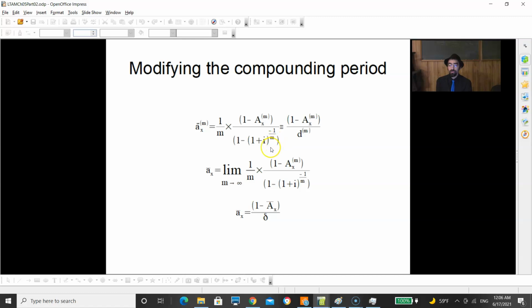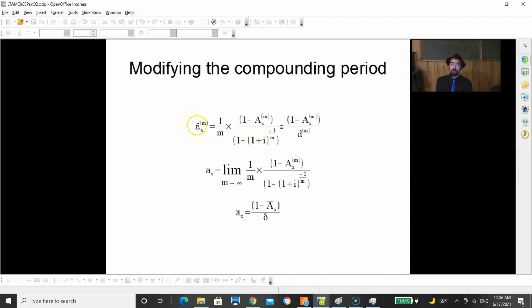Our interest rate is 1 plus i to the power 1 over m. And then instead of saying 1 minus 1 over 1 plus i, we say 1 minus 1 over the modified interest rate.